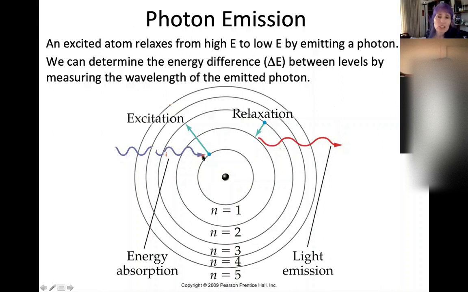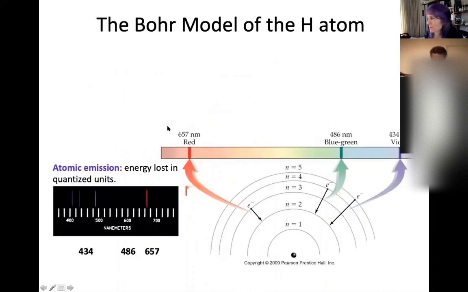Some kind of energy comes in, maybe it's light, and now it's excited up into the n equals 3 state, right? These are our n values. And by itself, it just relaxes back down. Now, when it goes from n equals 3 to n equals 2, it gives us a red light. And if we look at n equals 3 to n equals 1, that gives us another color. And that gives us our line spectrum.